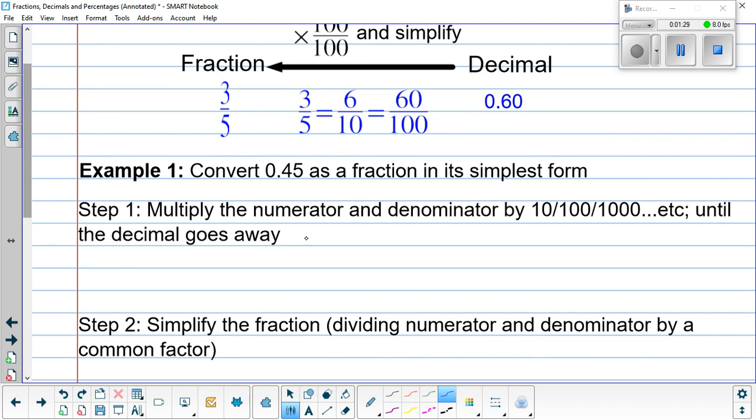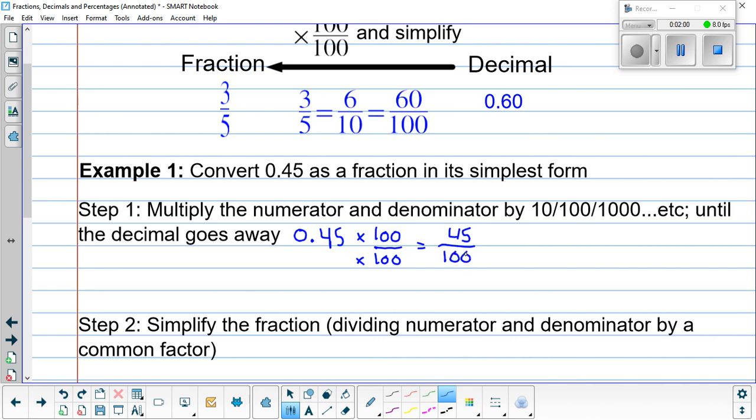So, if you know that it has to move twice, that means you have to multiply by 100. And keep in mind, we have to do this on the bottom as well. So what are we actually going to get? We are going to get an answer of 45 over 100.